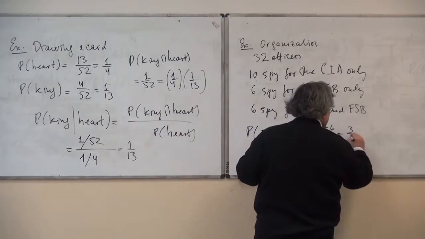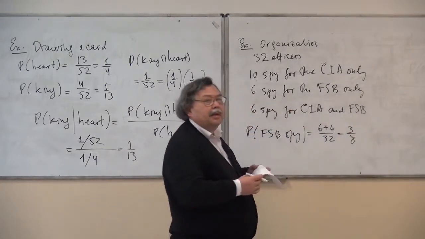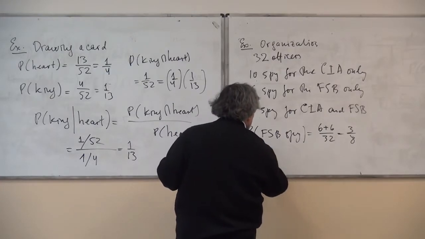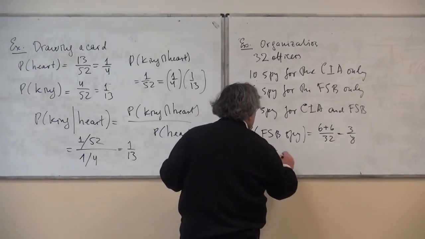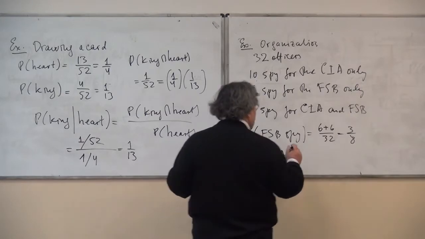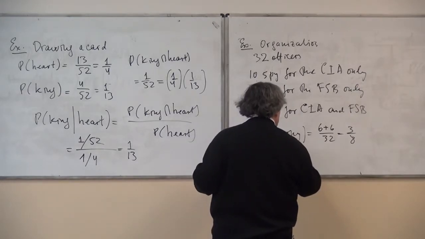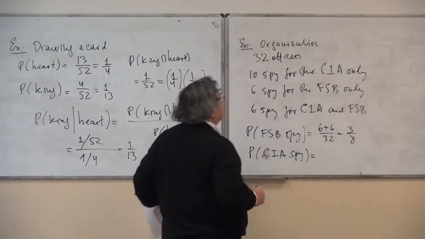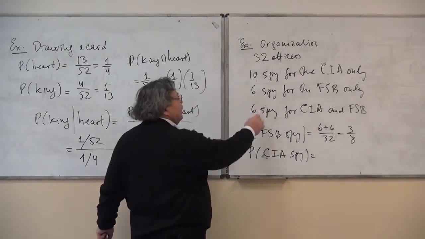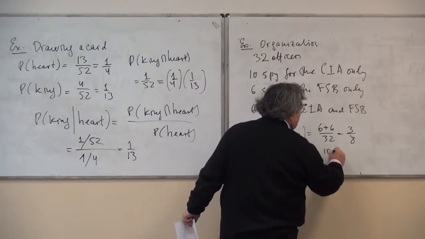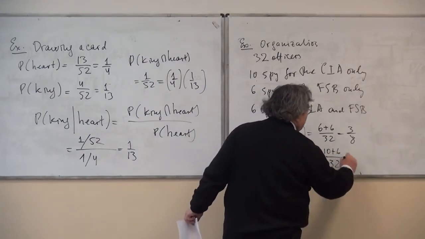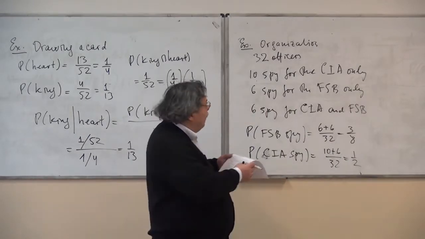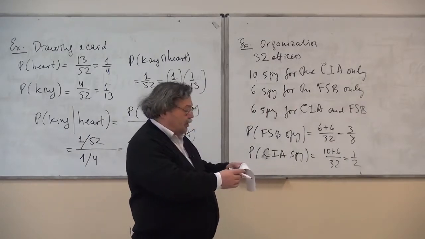And after simplification, we get this answer, 3/8. And what's the probability that this randomly chosen guy is a CIA spy? The total number of CIA spies is 10 plus 6, 10 plus 6 over 32, and this simplifies to 1/2. Okay, now let's ask this question.